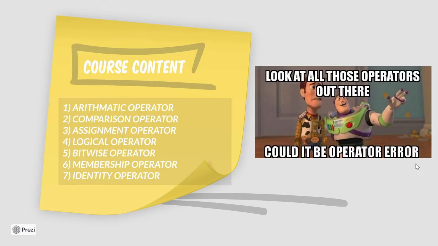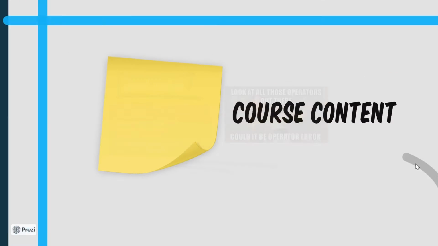But in this particular video tutorial we are going to cover three most important types of operator, that are arithmetic operator, comparison operator and assignment operator. Otherwise logical, bitwise and membership operator as well as the identity operator, they are used, but we need to focus more on the first three operators. So let us go ahead and try to learn them.